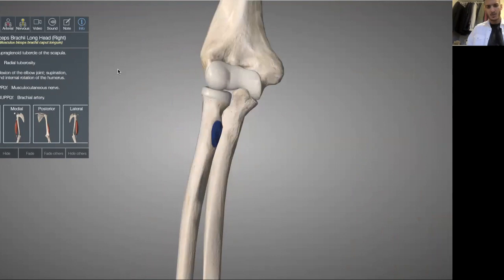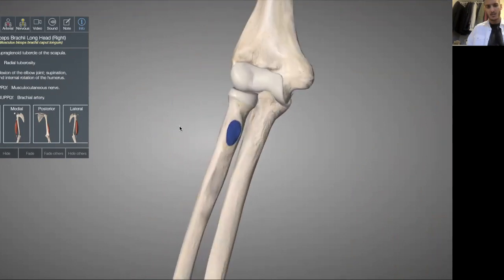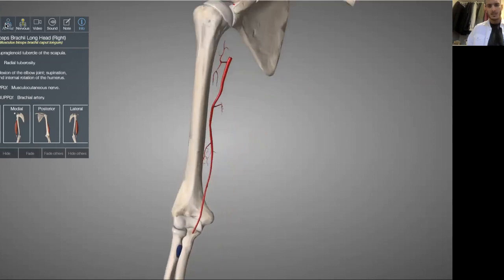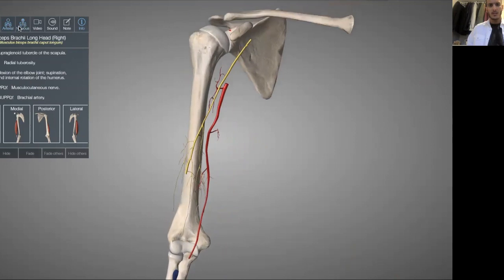And so that's the insertion, that's the radial tuberosity. The brachial artery, and you will study about it. It's the continuation of the axillary artery. And the nervous supply is by the musculocutaneous nerve.